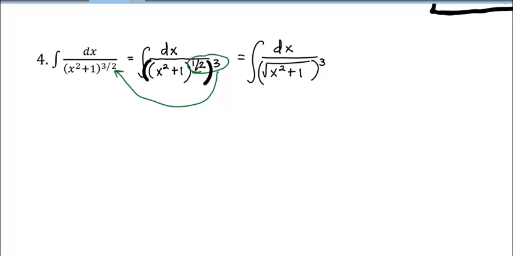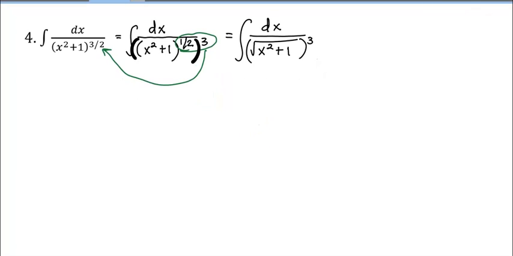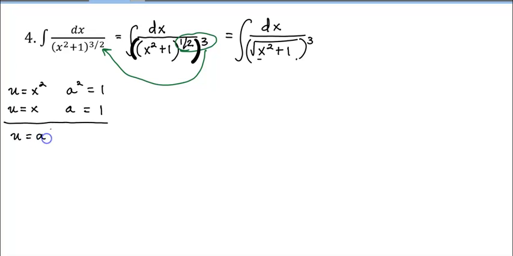So now that we see that, let's set up what our u and our a are. I see u squared plus a squared under the radical. So I can see that u squared is x squared, a squared is 1. Square rooting, I see that u is equal to x and the a is equal to 1. Because we had u squared plus a squared under the radical, we use the substitution that u is equal to a tan theta.